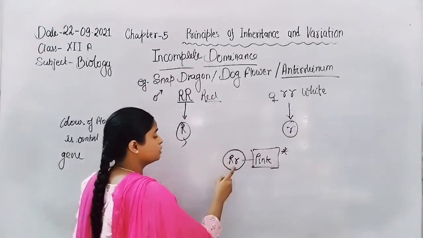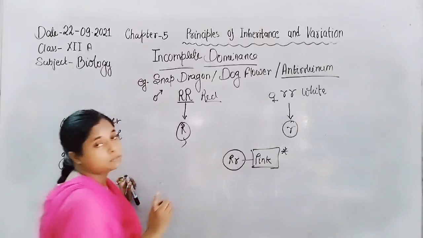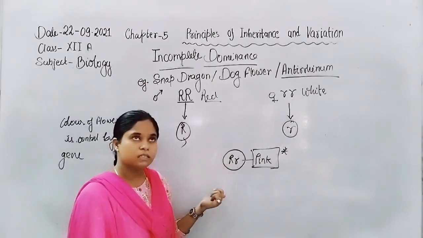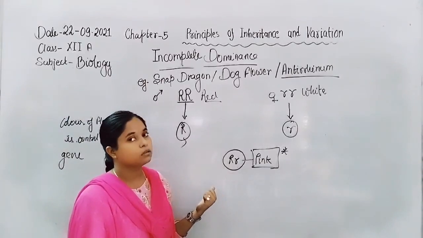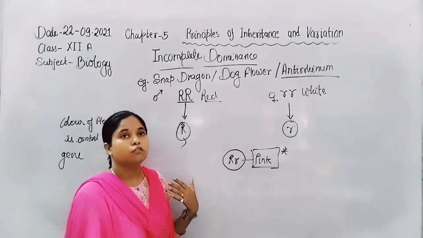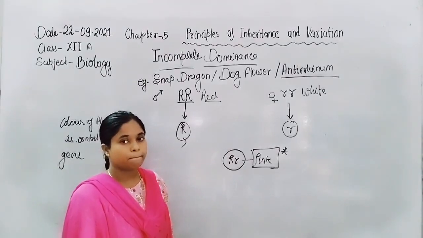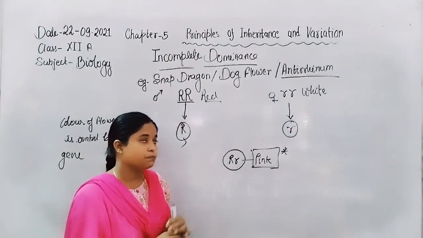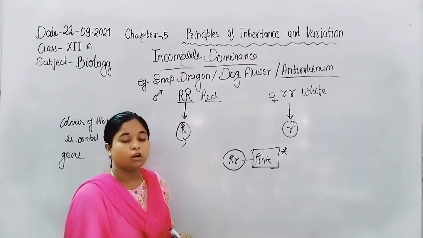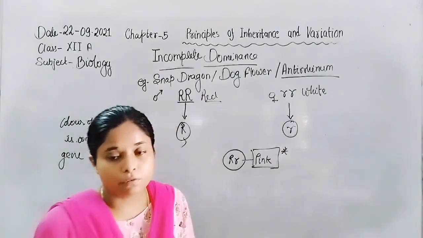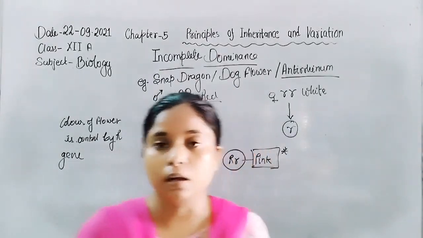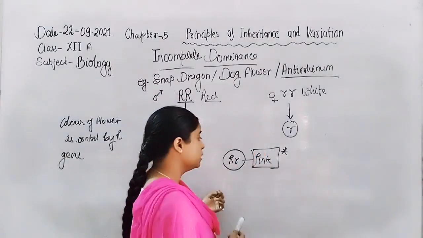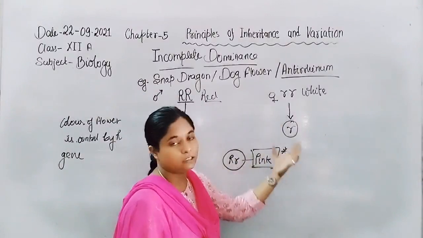So what happens if only one R is present? In the case of only one R, the plant synthesizes enzyme, but not with full efficiency. So less pigmentation occurs in the flower, or due to the formation of less pigment, the flower appears pink in color. That is the reason behind the pink color of the flower in Antirrhinum.